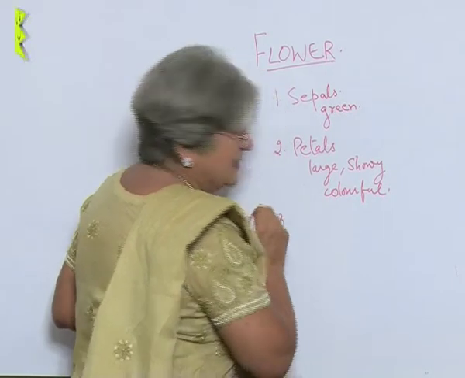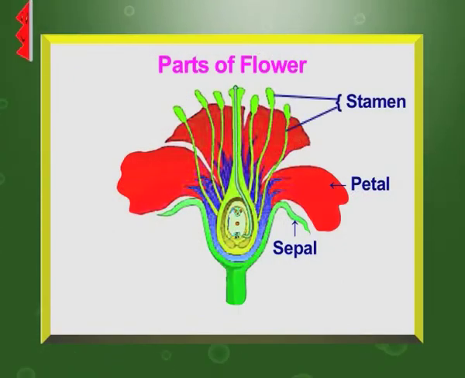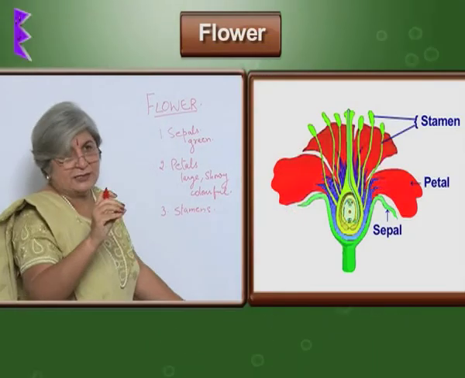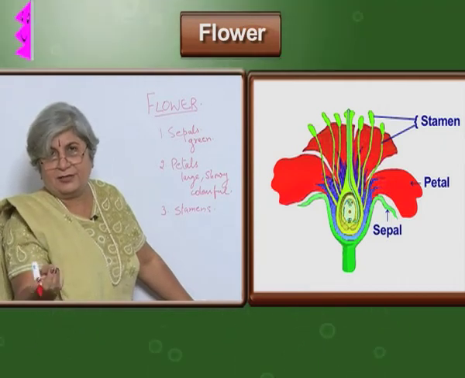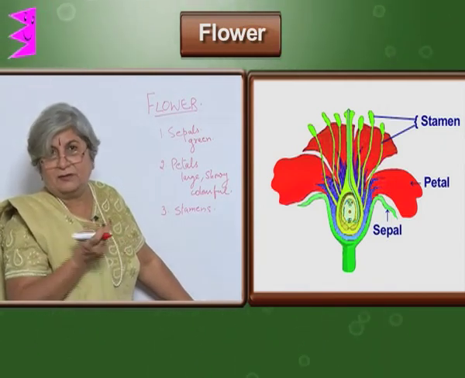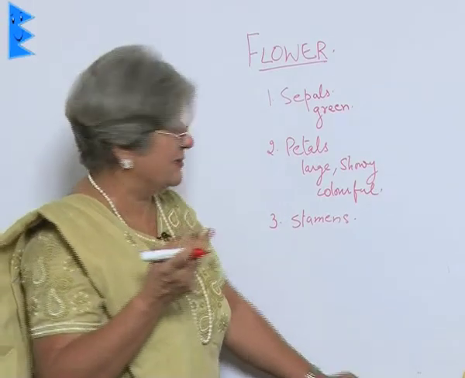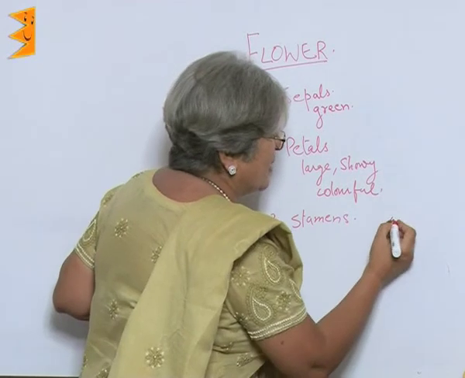Inside the petals there are stamens. When you pluck a flower and happen to touch it casually, sometimes yellow powder comes on your finger. What is that? The pollens. Where are the pollens? In the stamens. A stamen has two parts.